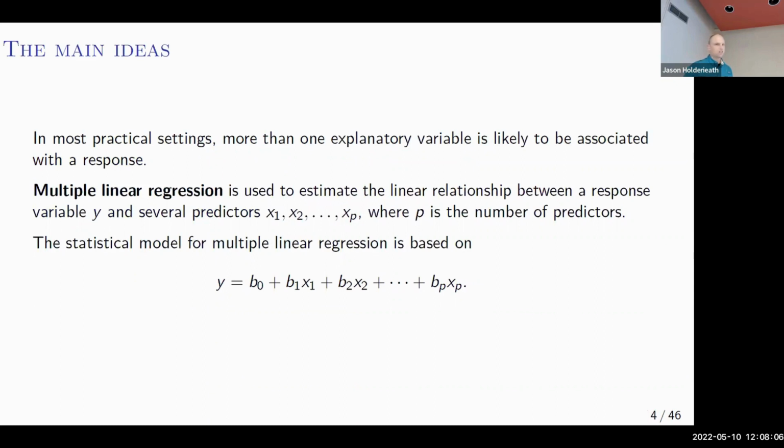In practical settings, there's probably more than one thing explaining these phenomena that we're interested in. You might have been looking at one of the examples or some of the homework and thinking, well, that definitely is only part of the picture.